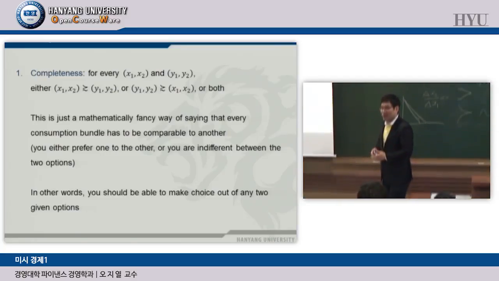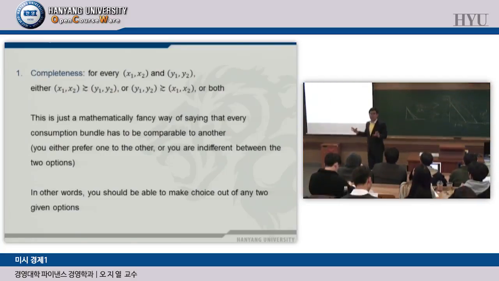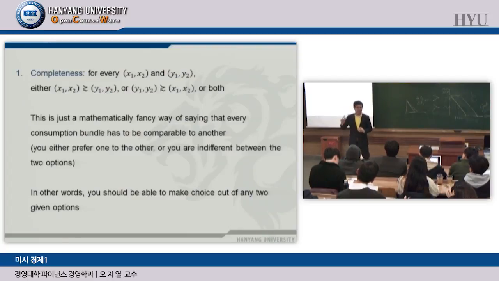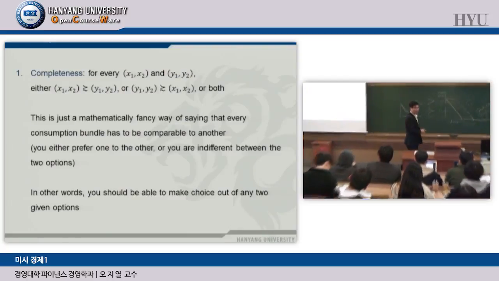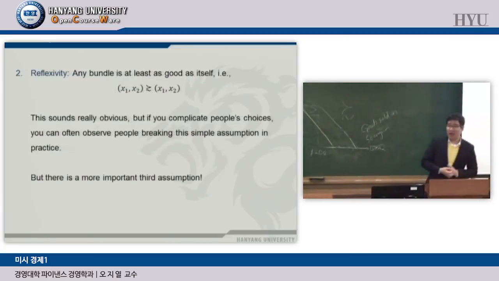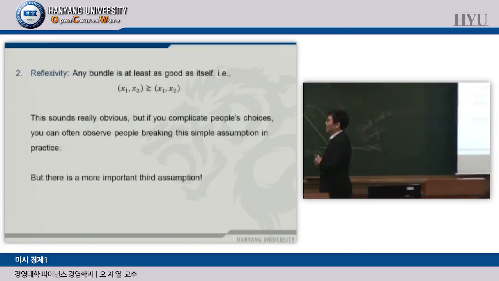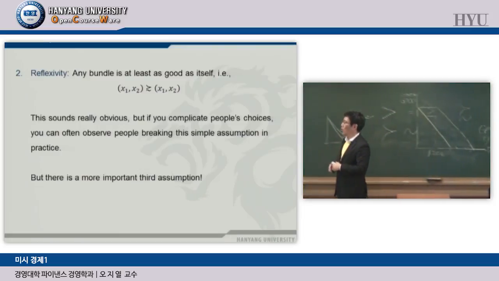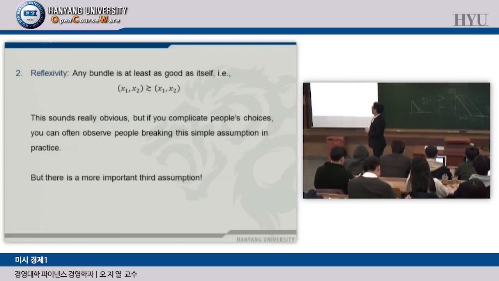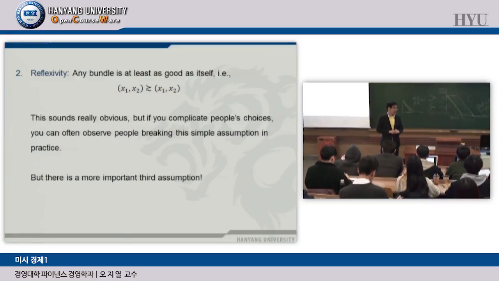So completeness is a very easy concept. Ability to form opinions. Nothing more. But in reality, in practice, that can be harder than you think, okay? Now, the second thing is even more weird, okay? Reflexivity. Any bundle is at least as good as itself.